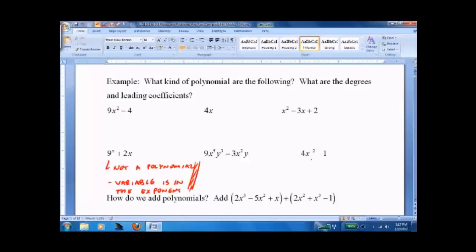And this would not be a polynomial because the exponent is negative. No negative exponents. We'll come back to this.